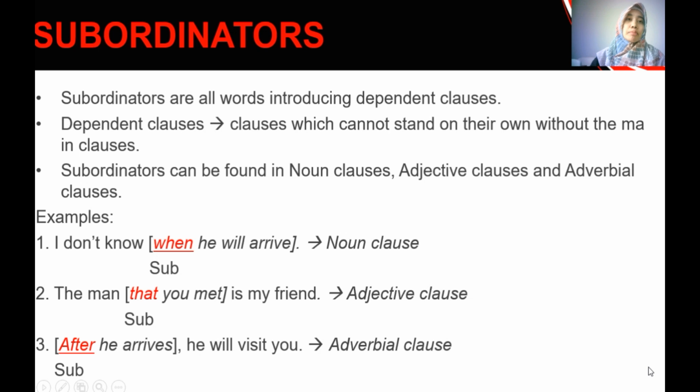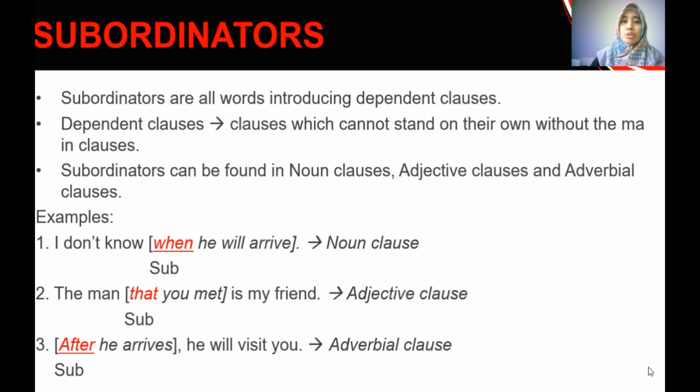Right, so the next one is about the subordinators. Subordinators are words introducing dependent clauses. Like what I've mentioned in the beginning of this video, dependent clauses are the clauses that cannot stand on their own without the main clause or the independent clause. Subordinators can be found in noun clauses, adjective clauses, and adverbial clauses.